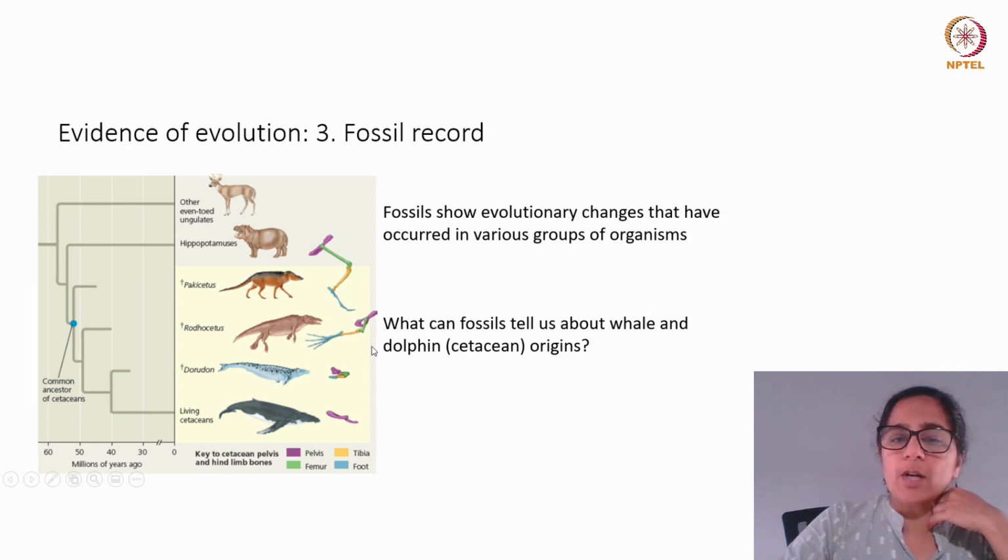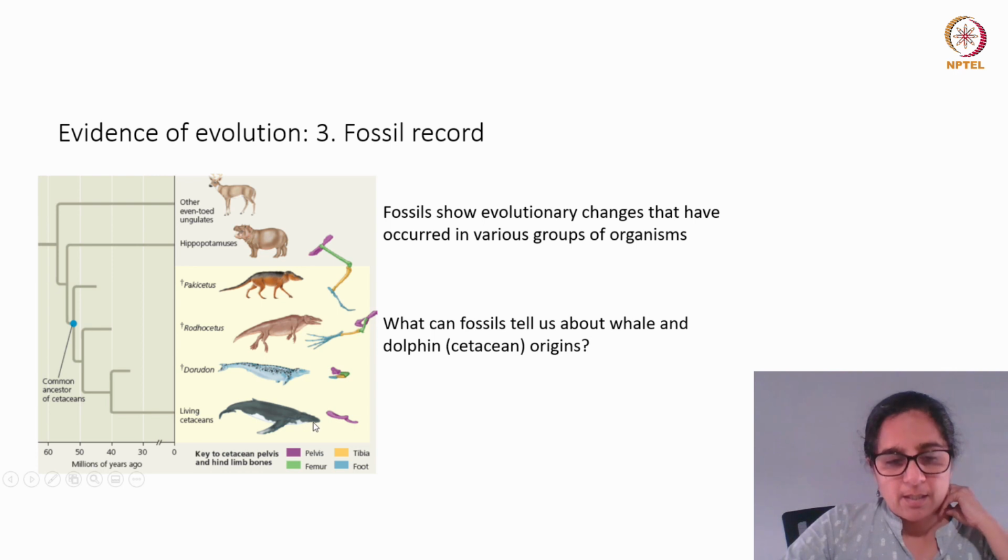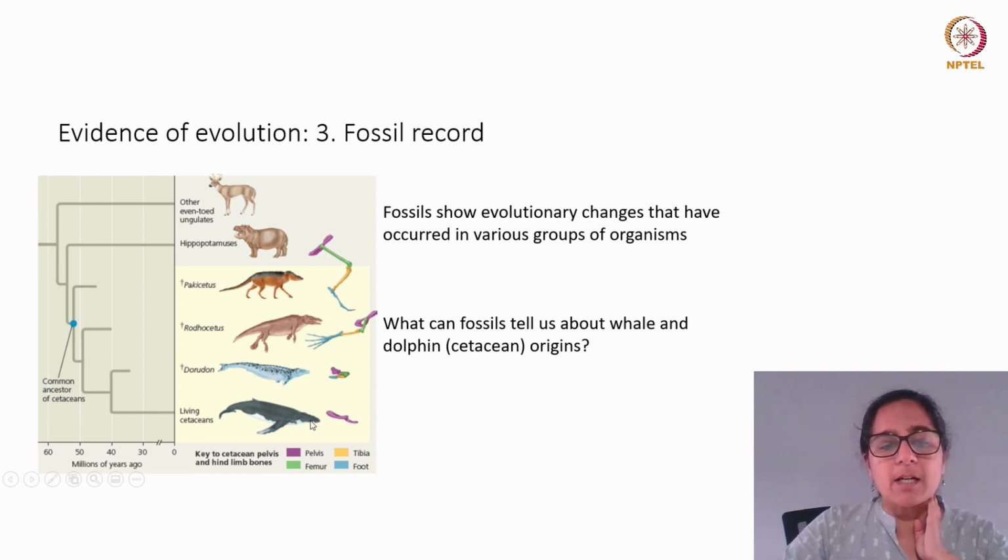So the question is, what can fossils tell us about whale and dolphin origins? So these are living cetaceans. Cetaceans are a group of animals where whales and dolphins belong. So this tree, I'll explain again later on. This is known as a phylogenetic tree.